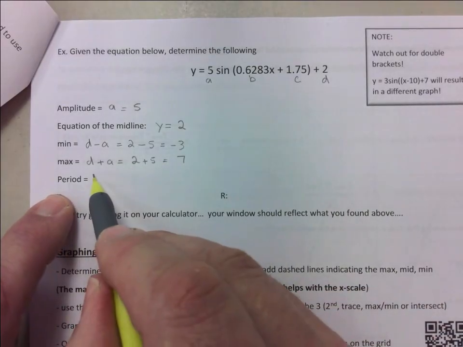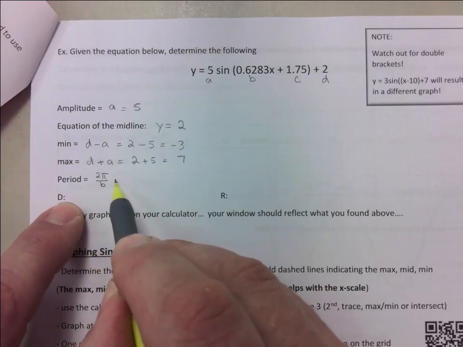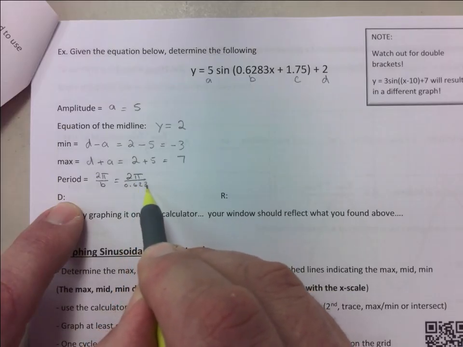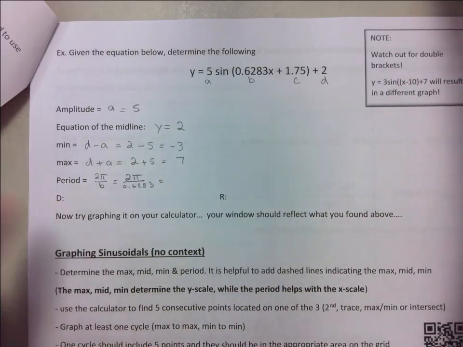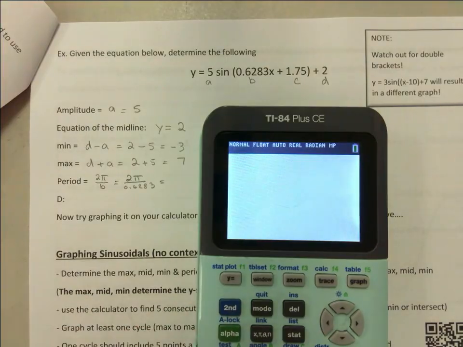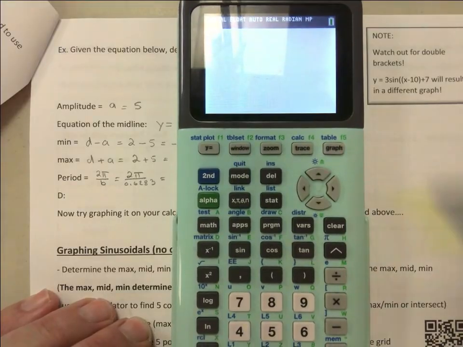The period is 2 pi divided by b, which is 2 pi divided by 0.6283. So you grab your calculator, and that's all you need to do, right? You just type that in. 2, and do you know where the pi button is? I don't know if we talked about this.